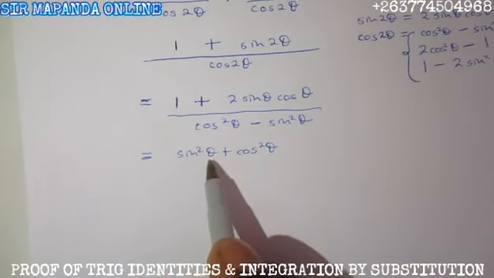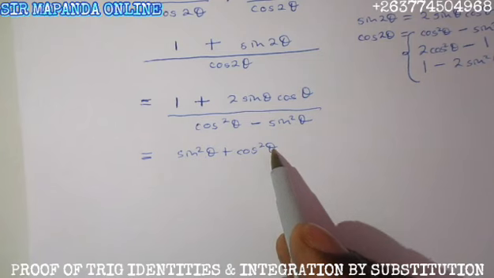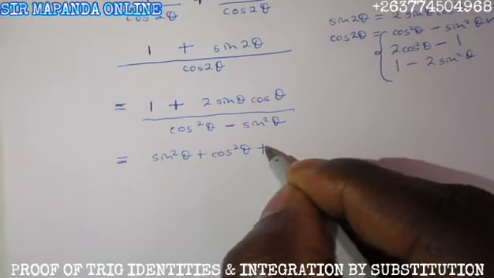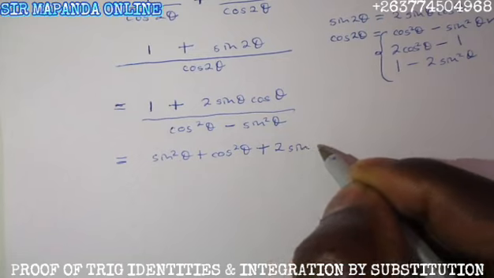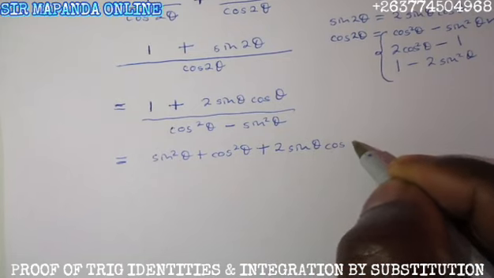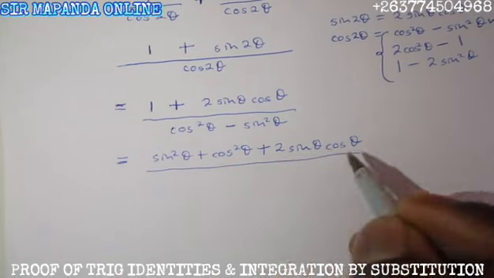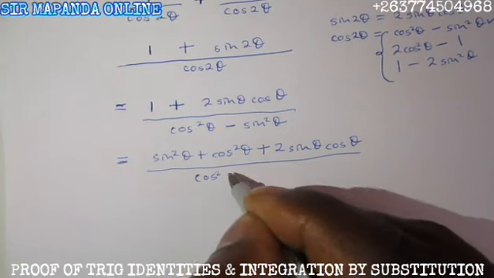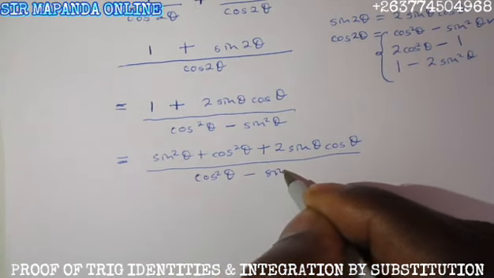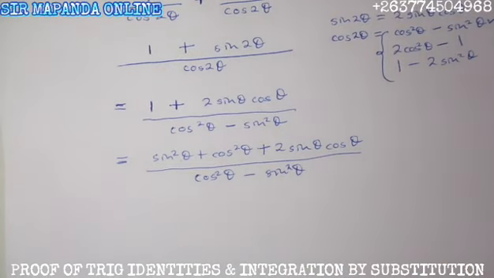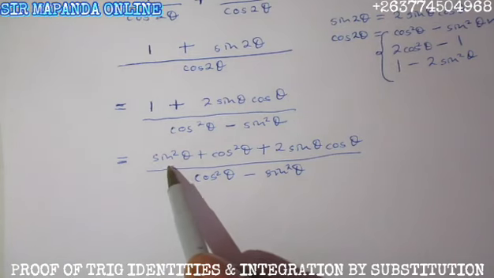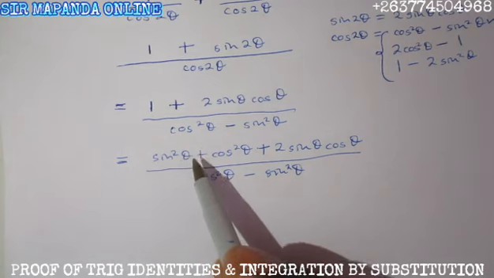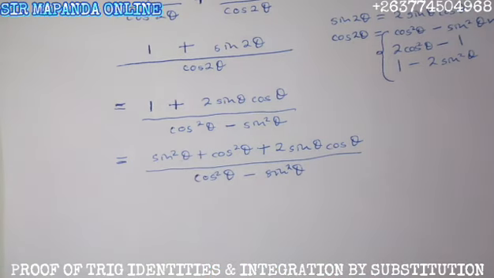So I am placing sin²θ + cos²θ, then you put plus 2 sin θ cos θ all over cos²θ − sin²θ. I hope you are following. Right, so this entire expression on our numerator can be factorized or can be treated as a quadratic expression.